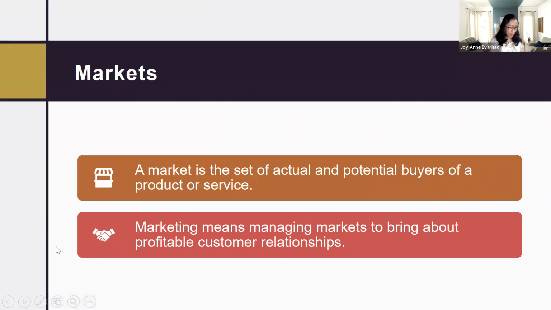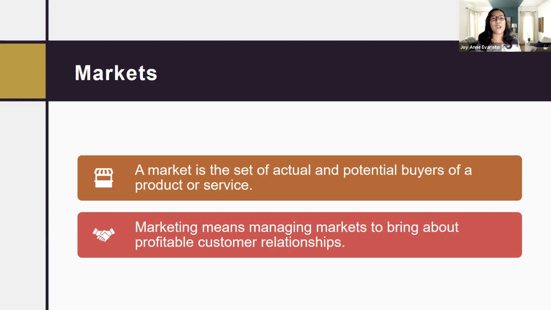All right. So now we will talk about markets. As marketing students, I understand those of you who have a background in marketing know that when we talk about markets, these are not actually places. These are people.